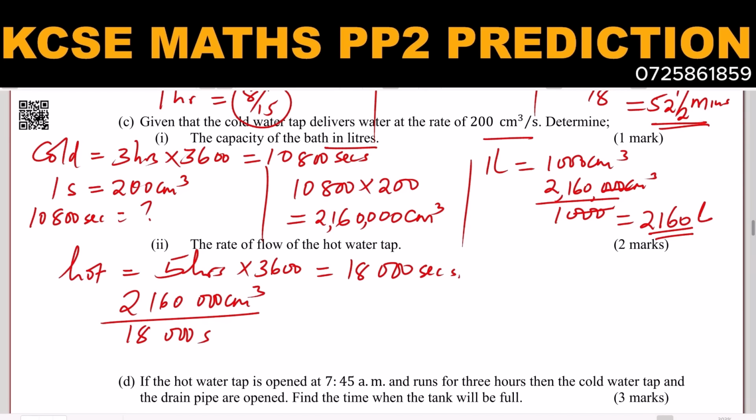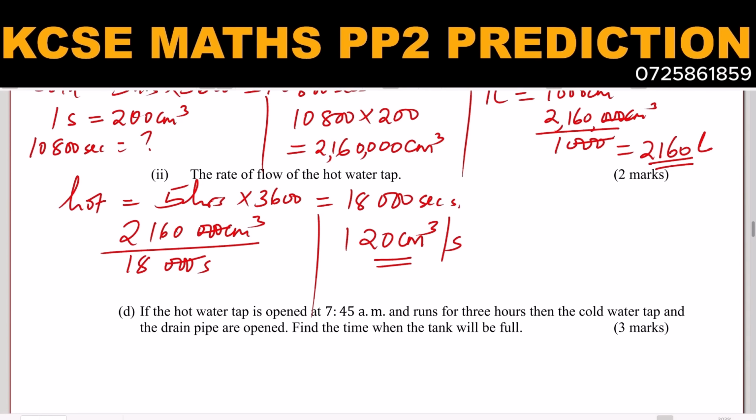This will give us the rate. We divide these, and this will give 120 centimeters cubed per second.